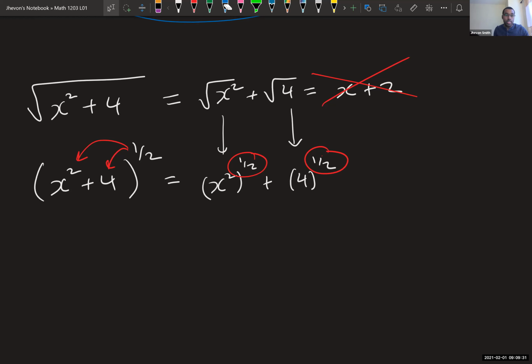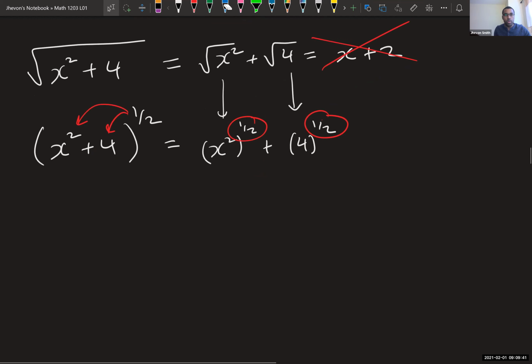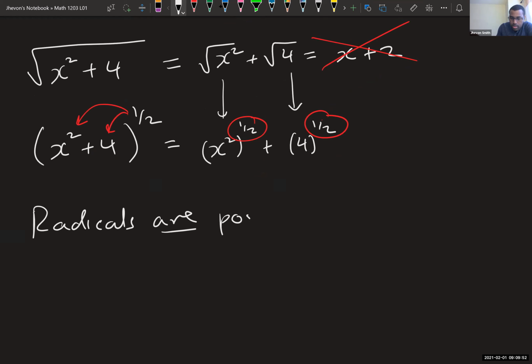For our purposes, if you see an expression like the square root of x squared plus 4, then it's the square root of x squared plus 4. You can't get any simpler than that. You can't rewrite that. That's how it's going to stay. So that you should remember: radicals are powers. Can't distribute them across sums.